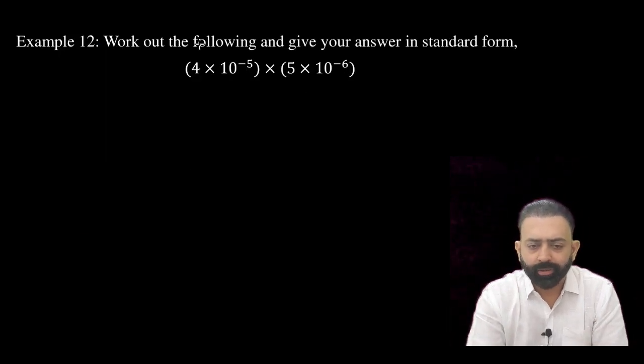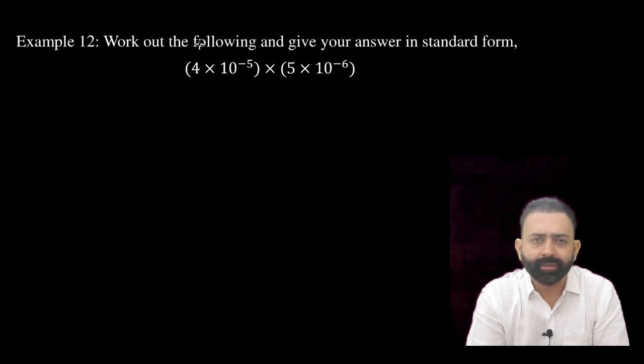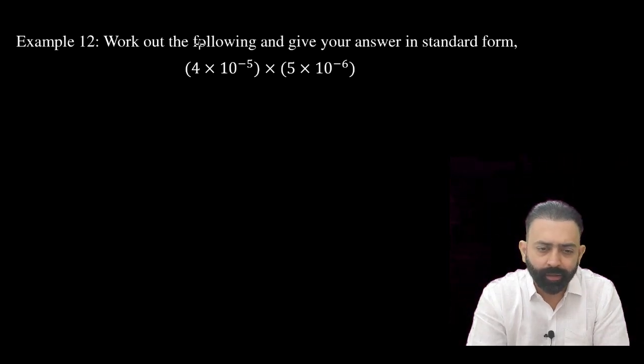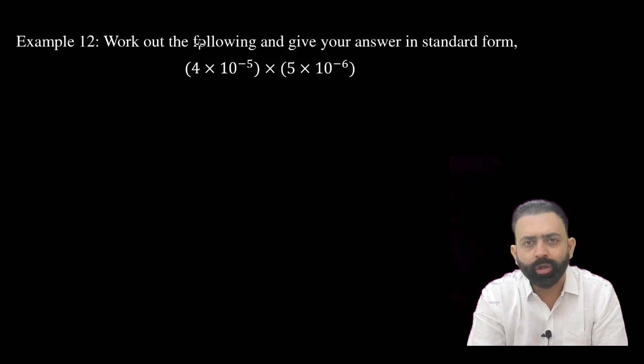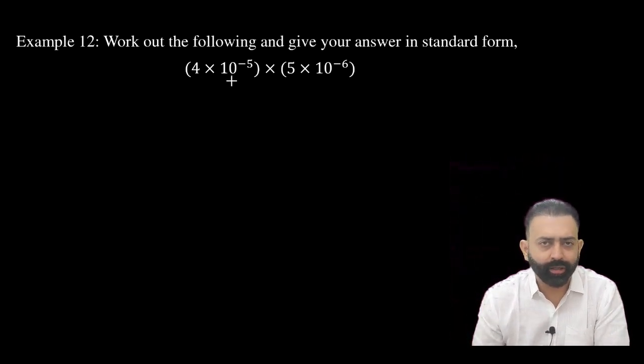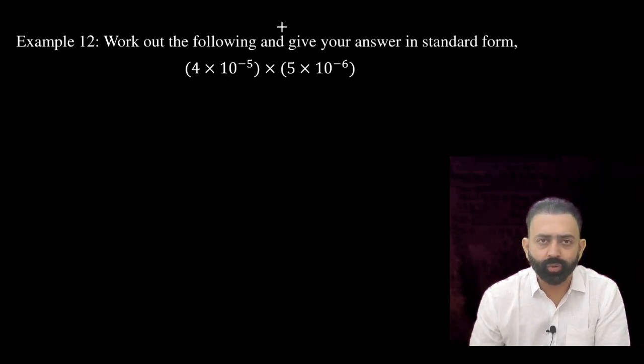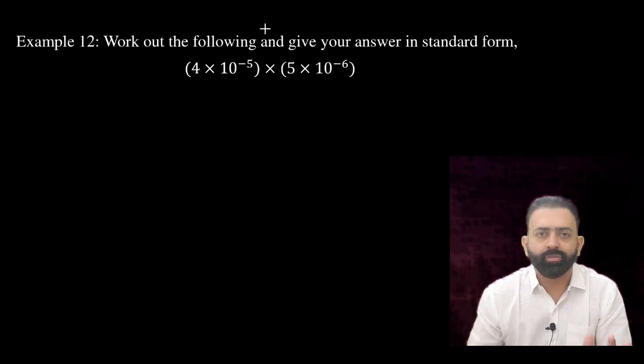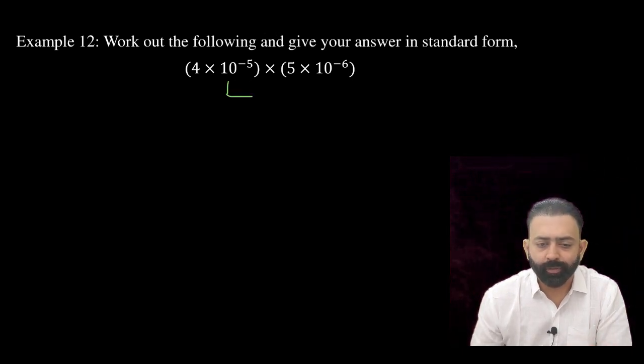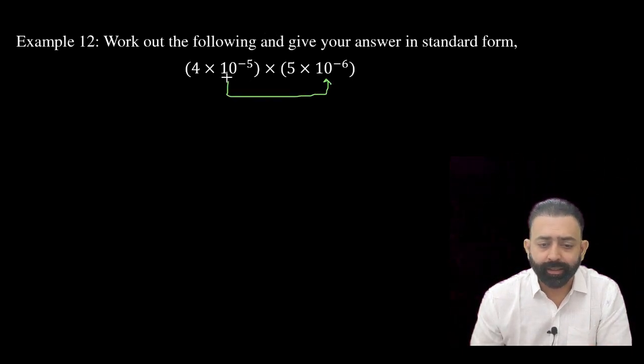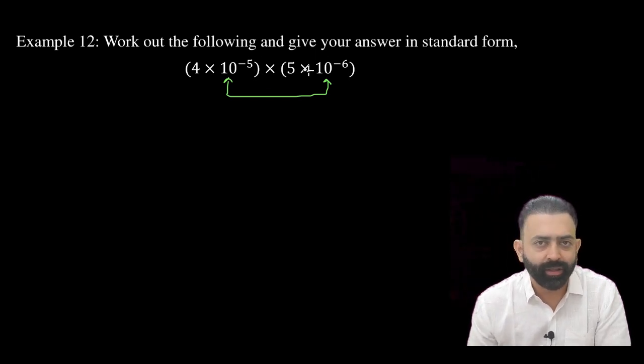Let us do one more example. It says we have to work out the following and give the final answer again in standard form. Now, as you can see, we have two numbers which are given in the standard form, right? We have 4 into 10 raised to the power something, again 5 into 10 to the something, and we need to multiply these two. So the first step would be that since I can see that 10 raised to the power minus 5 and 10 raised to the power minus 6, we have same bases in multiplication, so we can add their exponents, right?